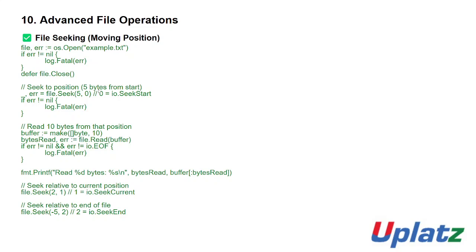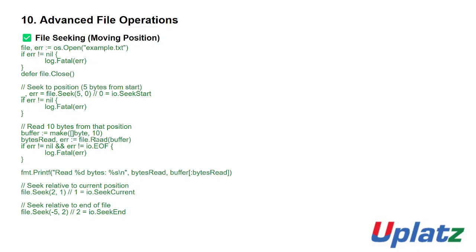Seek to position 5, that is bytes from the start, then error, file.Seek 5, then that is 0, where 0 is io.SeekStart. You may use io.SeekStart here instead of 0. Then if error is not equal to nil, log fatal.